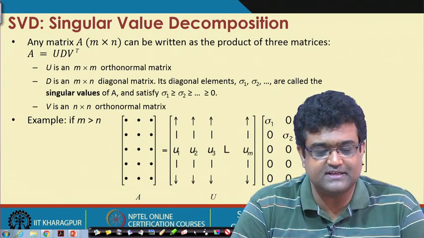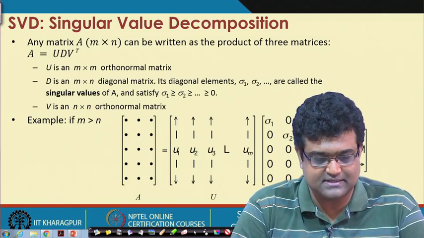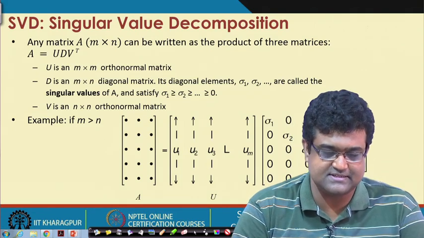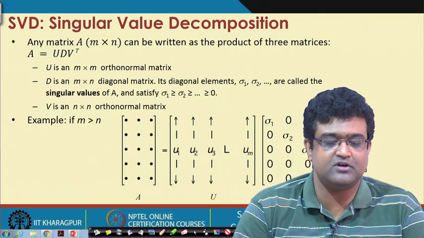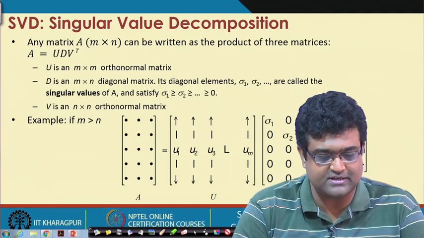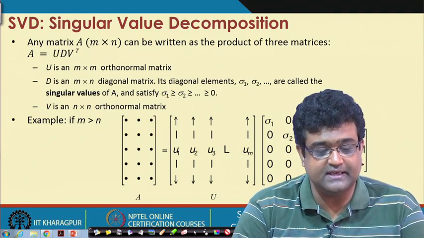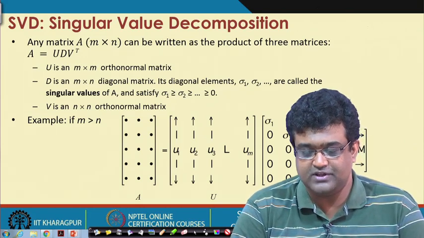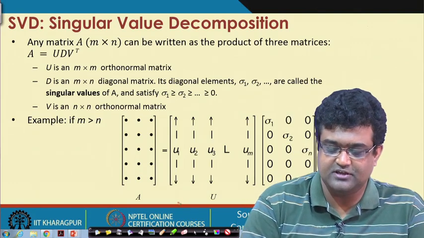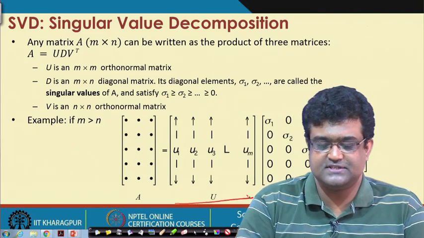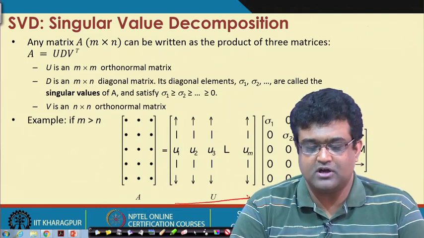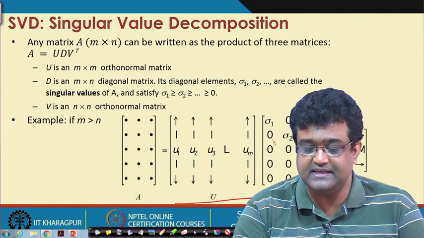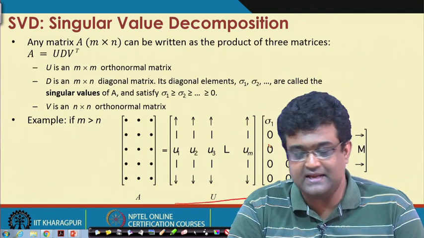Given any matrix A which is an m cross n matrix, it can be written as a product of three matrices: U, which is an m cross m orthogonal or orthonormal matrix, and D, which is an m cross n diagonal matrix.